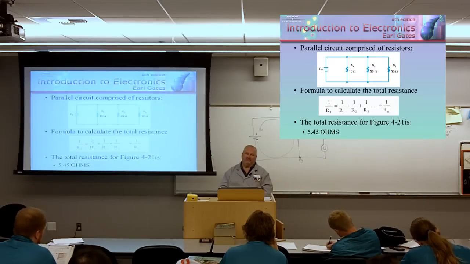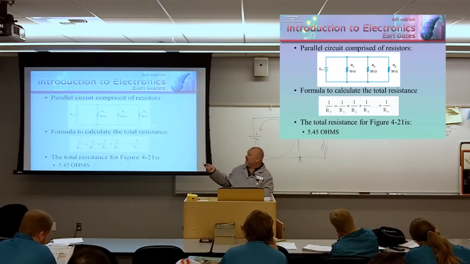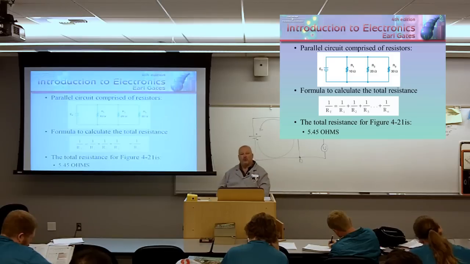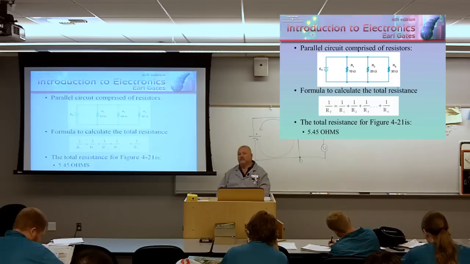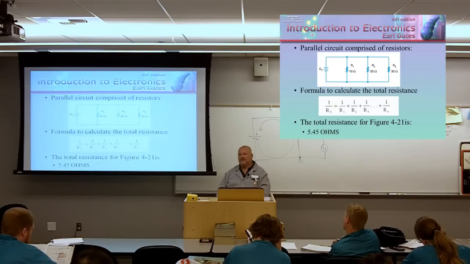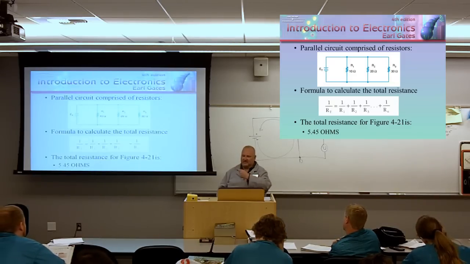As an example, if R3 is 30 ohms, R2 is 30 ohms, and R1 is 30 ohms, 30 divided by how many resistors? 30 divided by 3 equals 10. The answer to this is going to be 10 ohms.